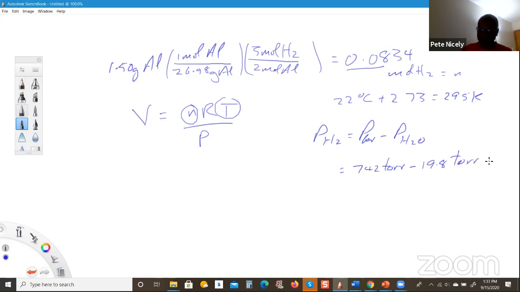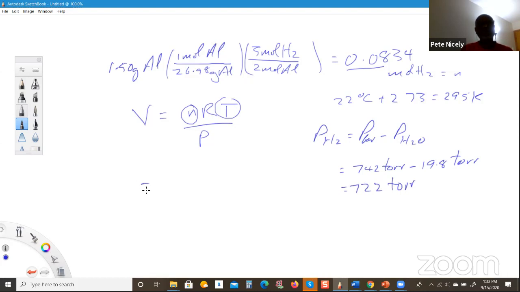So 742 minus 19.8. The answer I got is 722.2, which you have to round off to 722. So I'm going to put 722 as the answer for this part right here.